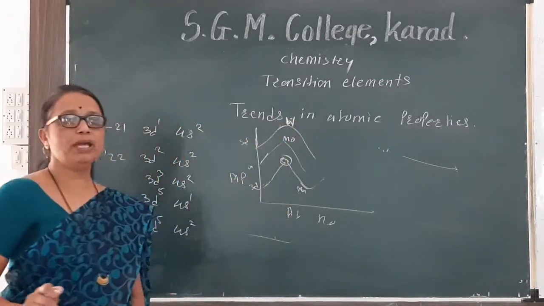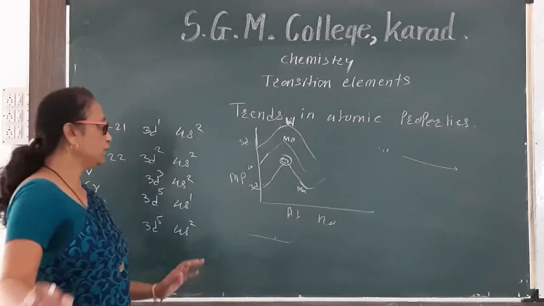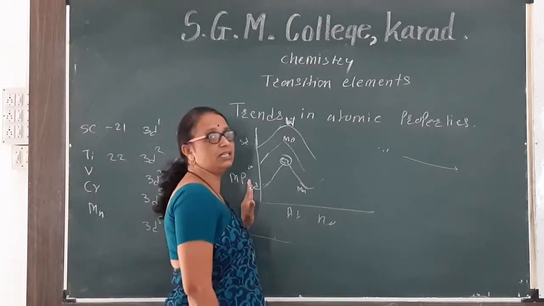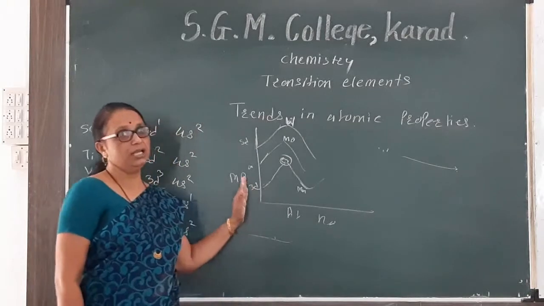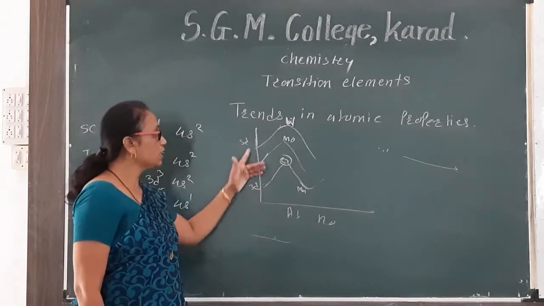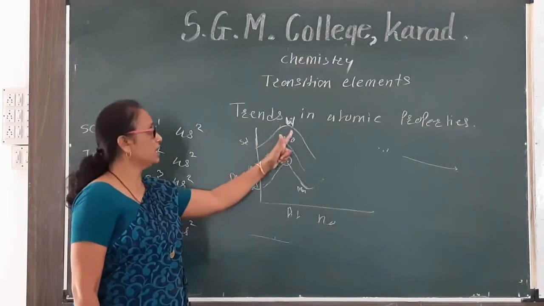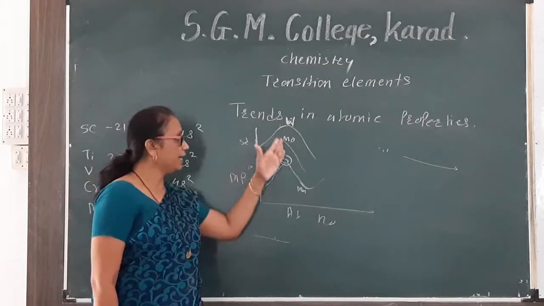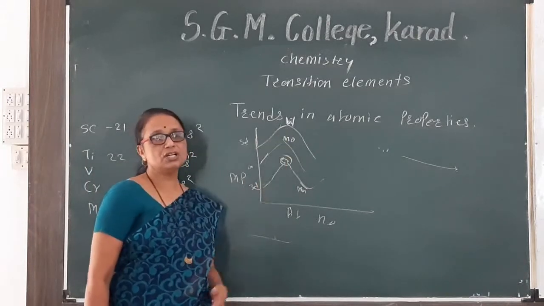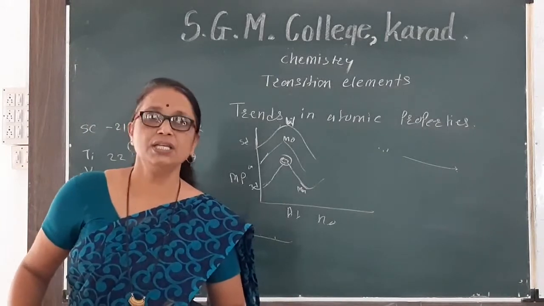This question may be asked in CET or the Maharashtra State Board: which element in the 3d series has the highest MP? Then chromium has the highest MP. In the 4d series, molybdenum has the highest MP. In the 5d series, tungsten has the highest MP. And among all these, tungsten has the highest MP in the 3d, 4d or 5d series.